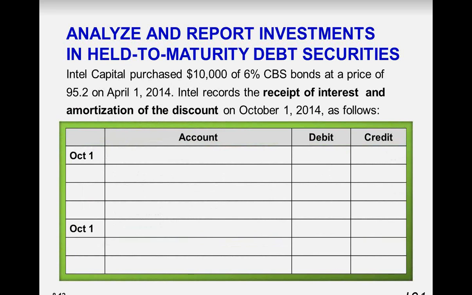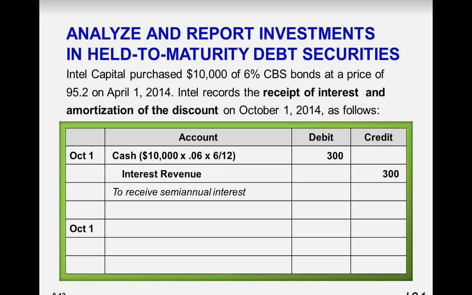We record the interest receipt and the amortization of the discount on the first interest date. Notice that the cash interest amount is the 10,000 times the 6% for 6 months, $300. Our interest revenue then would be $300.